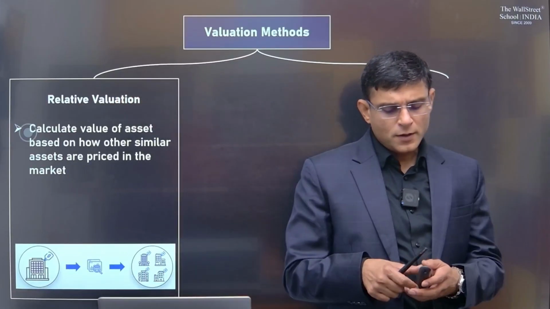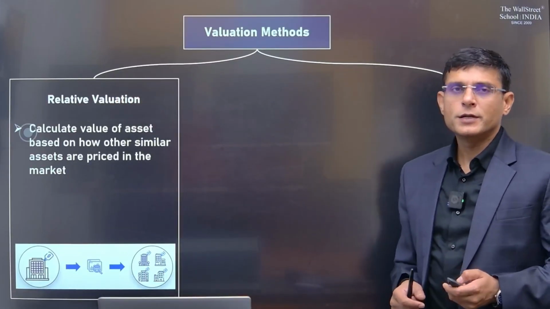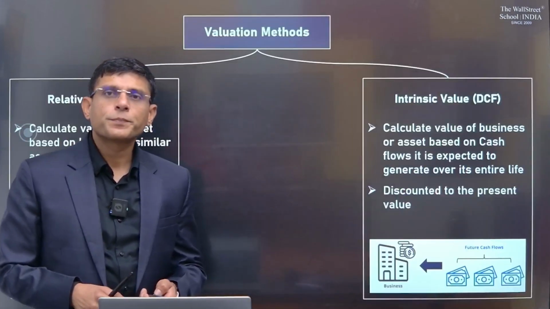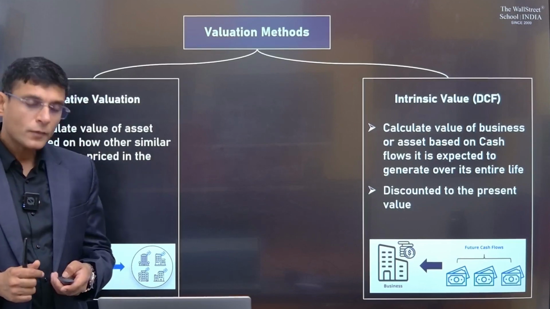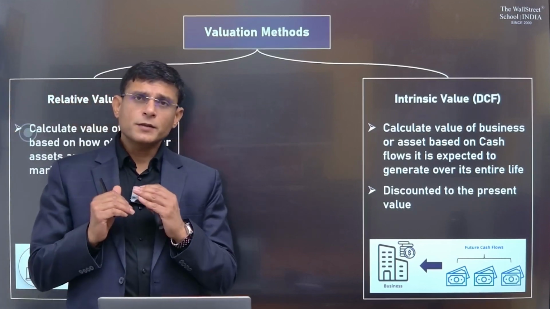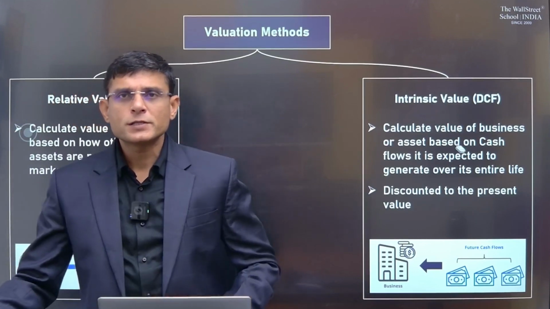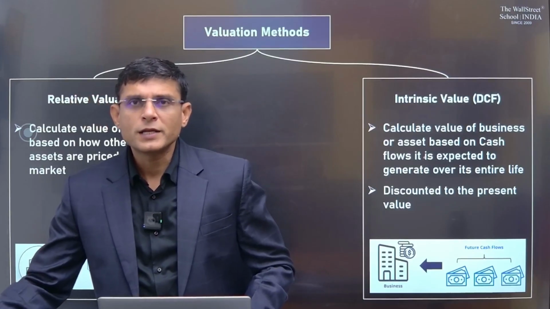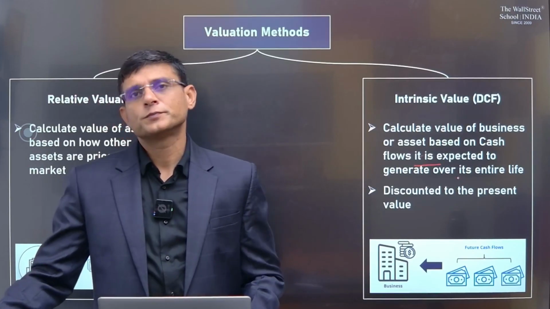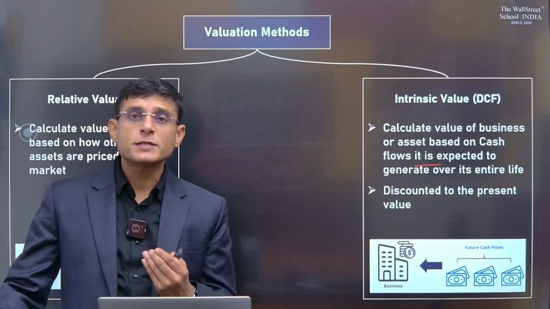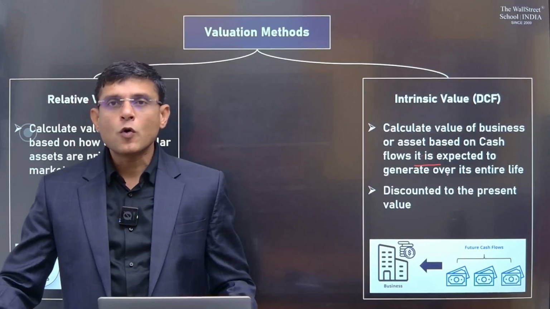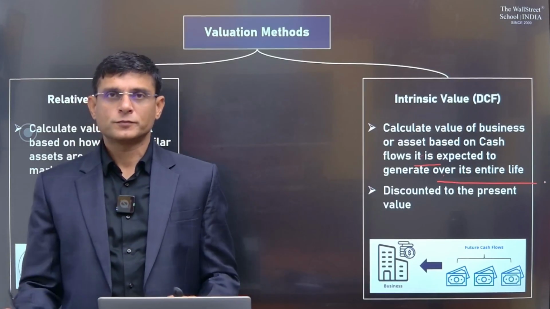Whereas, our second method, DCF valuation, intrinsic valuation. This method calculates fair value of the business based on its expected cash flows. Based on the cash flow this business is expected to earn over its entire life.